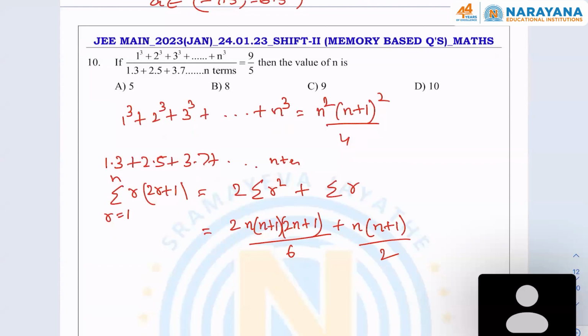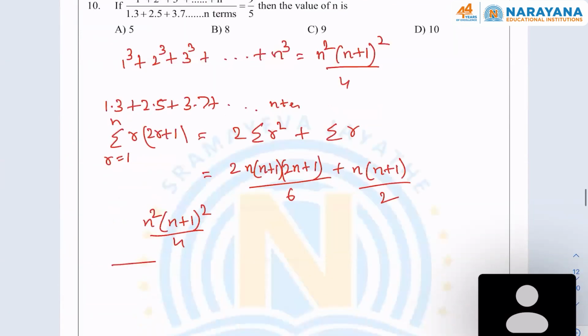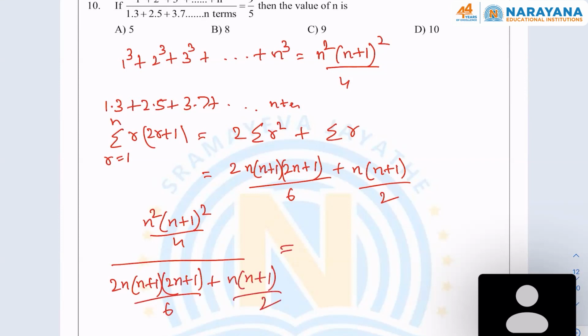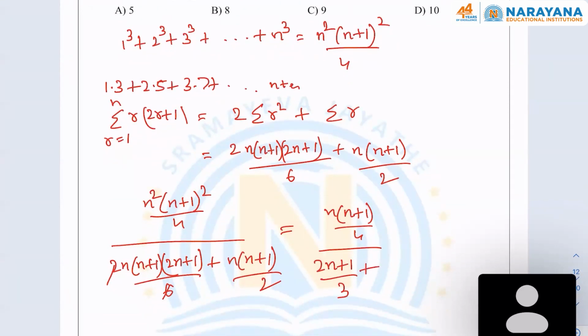So I'll substitute these values. n square into (n plus 1) whole square by 4 divided by 2n(n plus 1)(2n plus 1) by 6 plus n(n plus 1) by 2. So we can take out n(n plus 1) by 2 common. So n(n plus 1) by 4 by (2n plus 1) by 3 plus half.